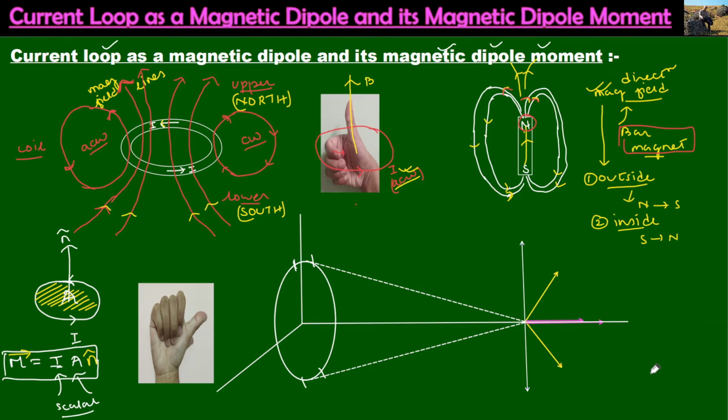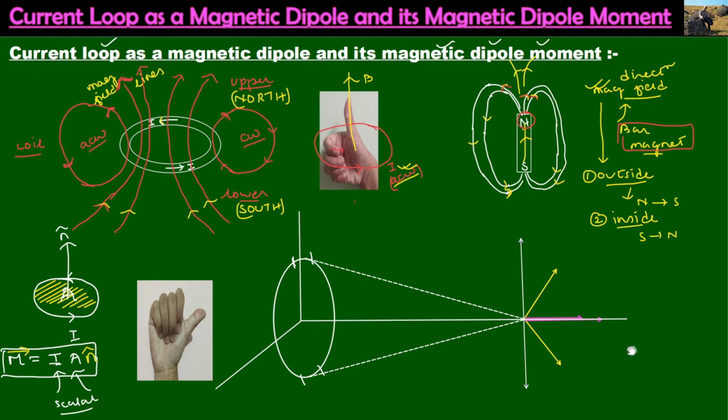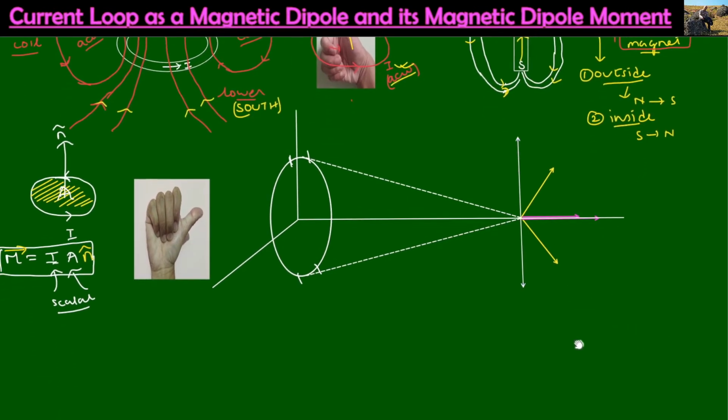For instance, if I have a coil in this form, and the current is moving in this direction, that will be the direction of my current flow. So this region inside the coil will be the area of the coil.